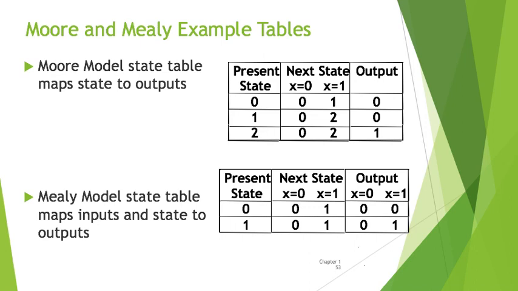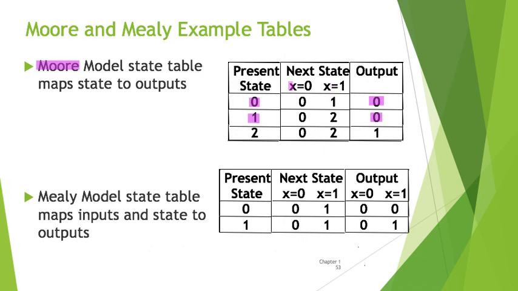Here, in the Moore type, the Moore model, okay, the output is a function of the present state only. So there is a function of the present state, and what happens in the present state will give me the output.